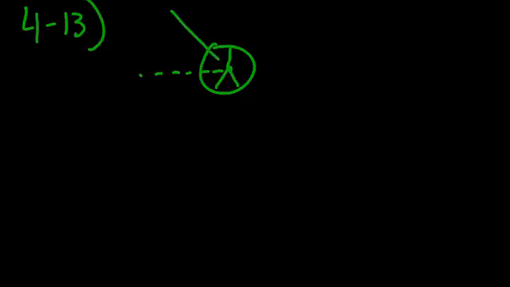So 4-13. It gives us the following drawing, right? It's a wheel, looks like. And it's saying a force is being applied right here of 20 pounds of force, and we're at an angle of 45 degrees.